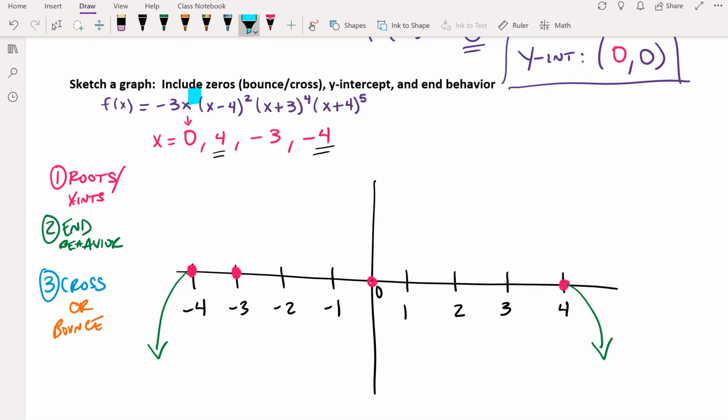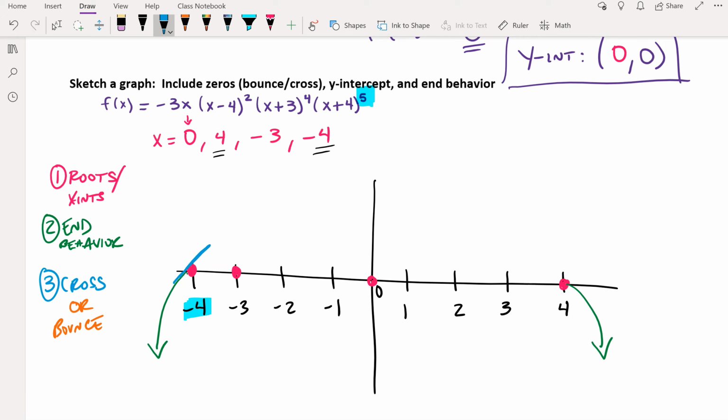Actually, let's start left to right, y'all. Let's always look left to right, like the same order we read. So let's look for the factor with x equaling -4. Remember, you flip the sign, so that's this factor. This comes from an odd exponent, so we're going to cross at -4, cross through.